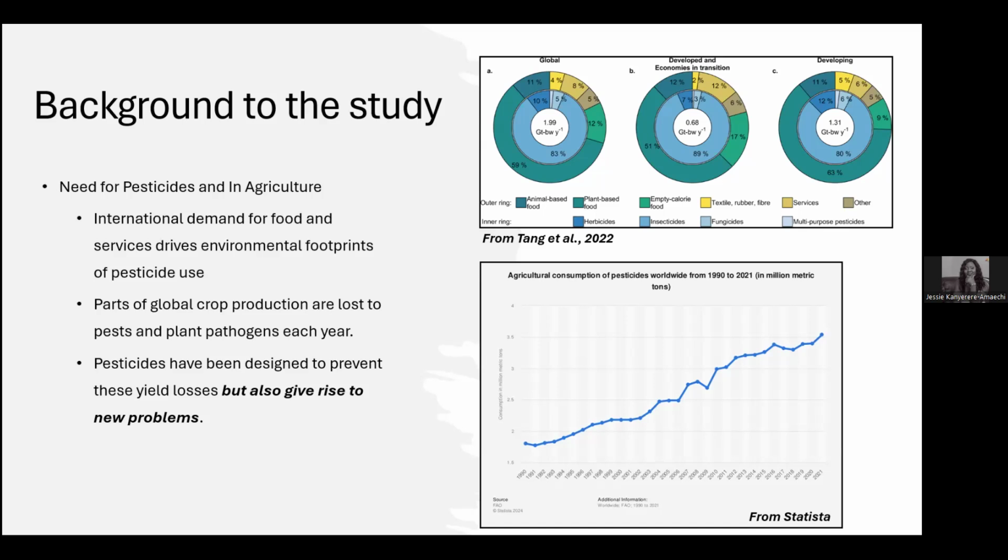On the screen above, you can see a graph showing how much pesticides we are currently using in the world. That's the top diagram. And the bottom diagram shows how pesticide consumption has increased from 1990 to 2000 to 2021.